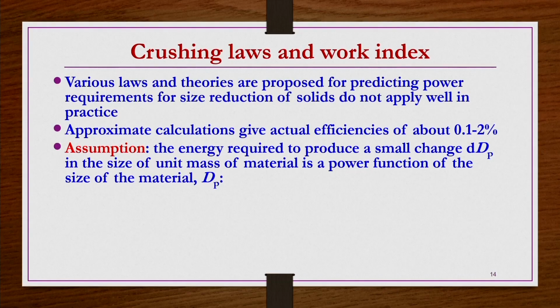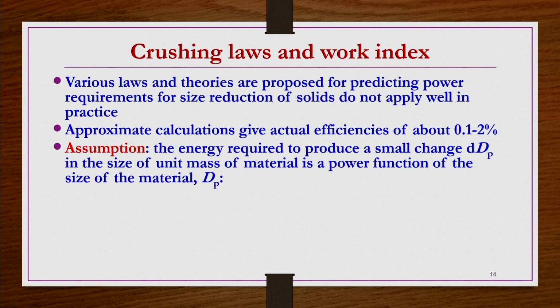In deriving these crushing laws, there are assumptions, but there is one common assumption. That assumption is that the energy required to produce a small change dP in the size of unit mass of material is a power function of the size of the material dP. Let us say initially you have a particle size, average size of the particles, dP. You want to reduce its size by a small change dP.